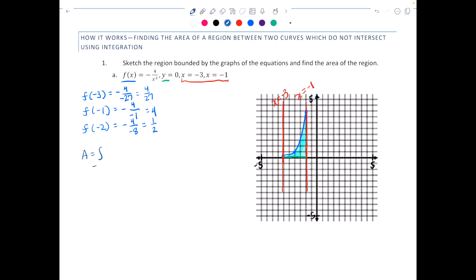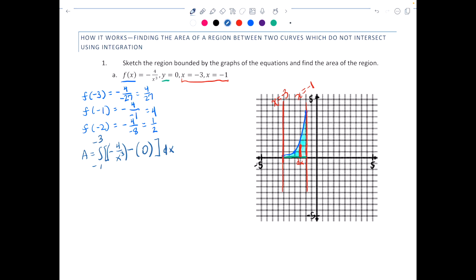A is negative 1, B is negative 3, and then we're going to have our blue graph, which was negative 4 over x cubed, minus our green graph, which is 0, and that's with respect to x. If we were to draw the little rectangle in here, it would look like this. This would be the dx, change in x.